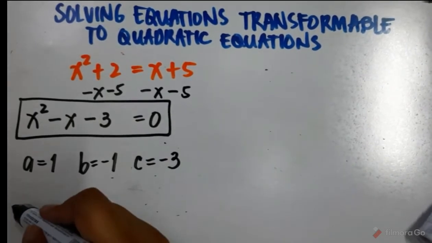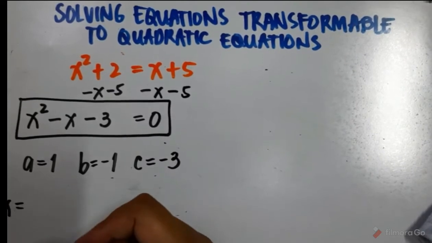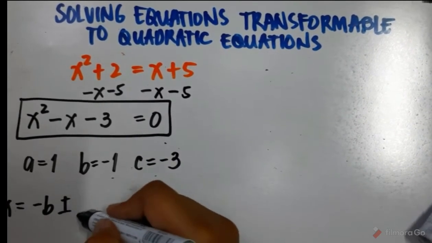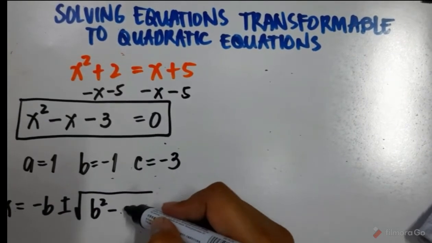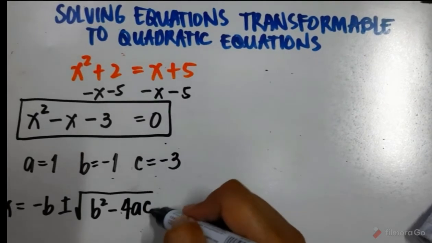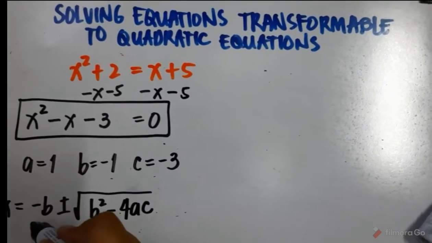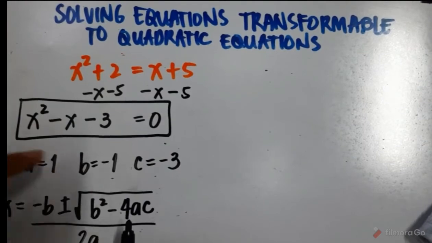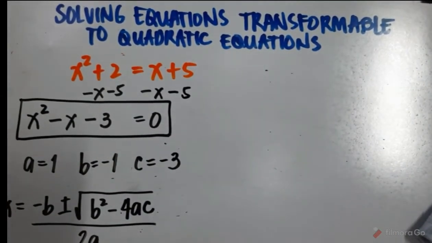The quadratic formula is x equals negative b plus and minus the square root of b squared minus 4ac, over 2a. Okay, so let's substitute the values of a, b, and c in our equation.